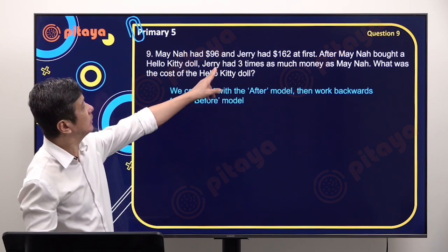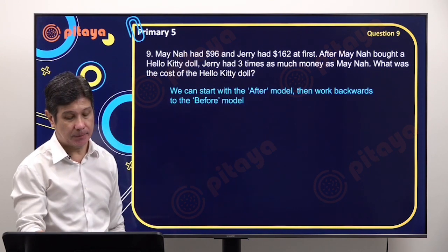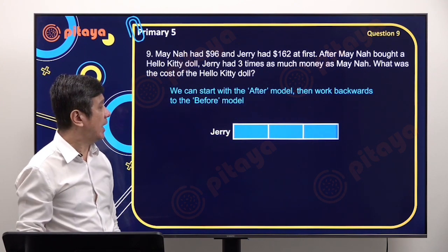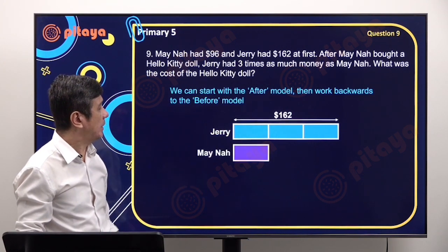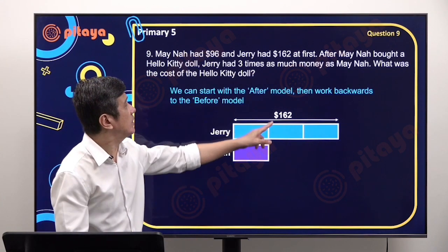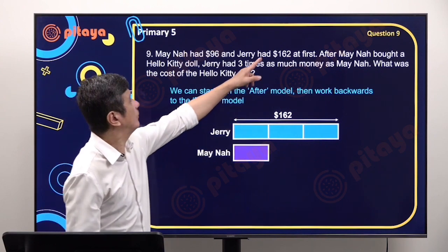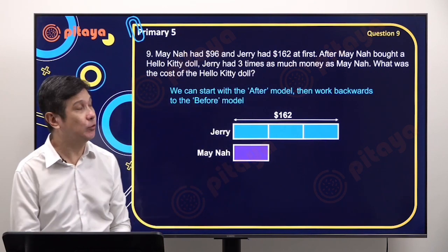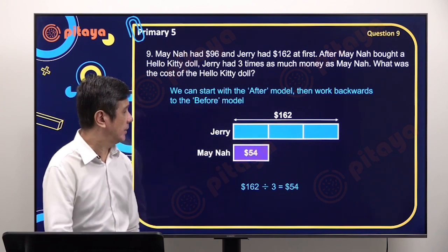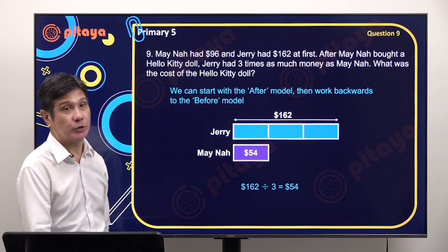Okay, so the after model is Jerry is 3 times as much as Mena. So you see I've got 3 there and Mena is 1. What we also know is there is no change to Jerry and we have given Jerry that $162. Therefore, you can actually calculate what is in one box. You divide by 3, you get $54.